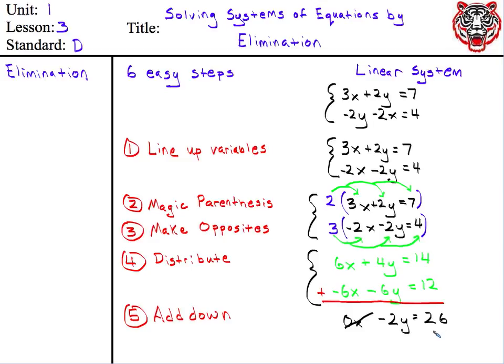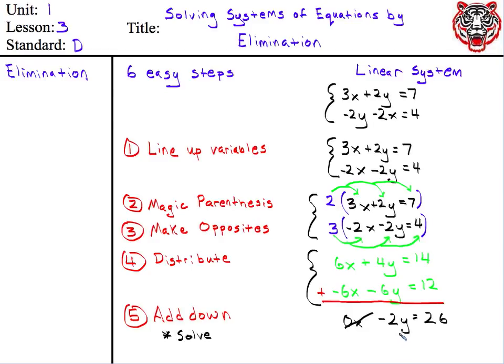Wow, that was really easy to solve. So from there, all I need to do is solve for y. So let's do that. I guess it's implied here to solve when I add down. So we'll make an asterisk here, solve.